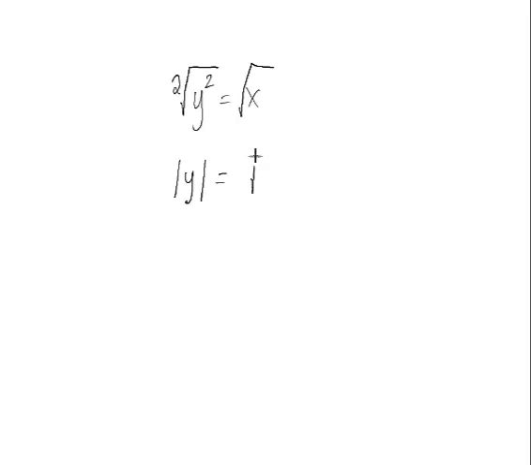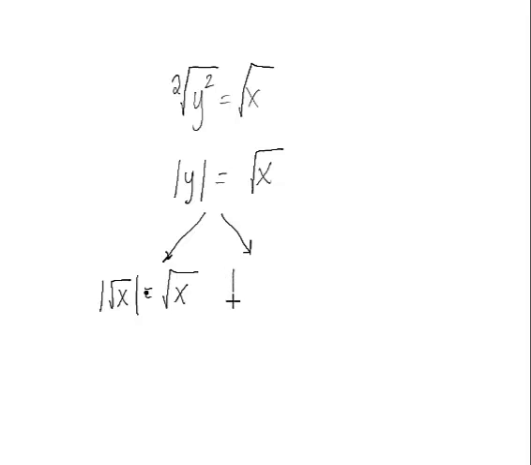On the right side we have the square root of x. With these absolute value bars, we have two options for y. In other words, if we put in the square root of x, we would get the square root of x. The absolute value of a positive square root would give us a positive square root of x.